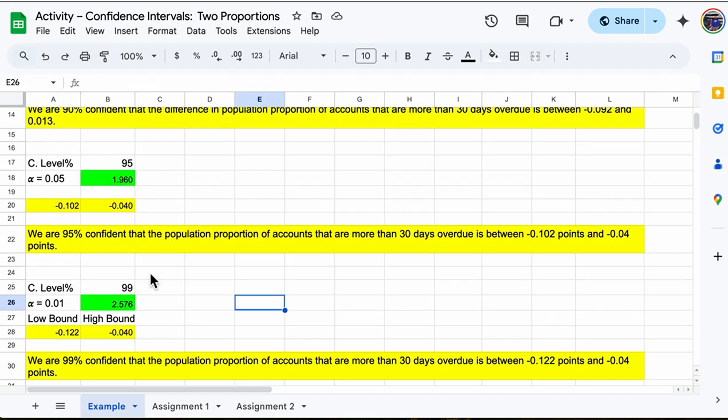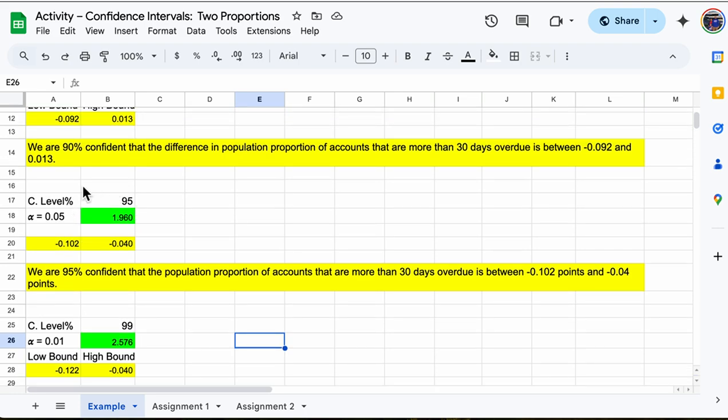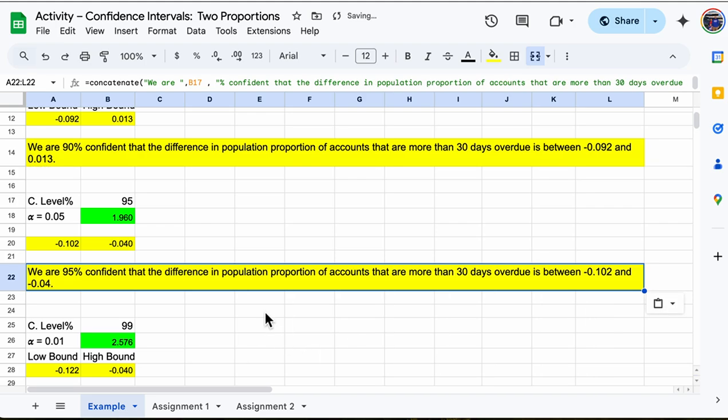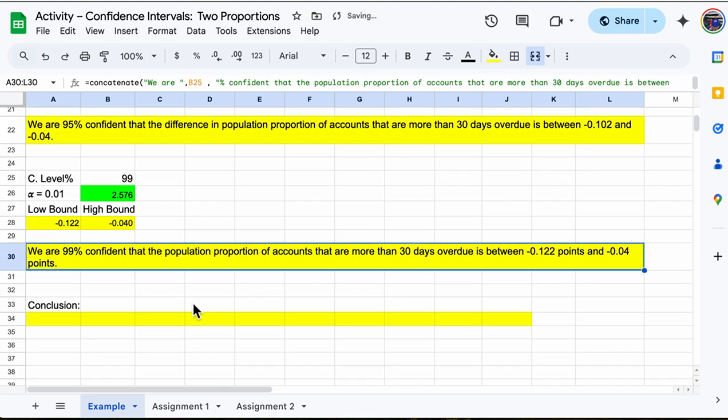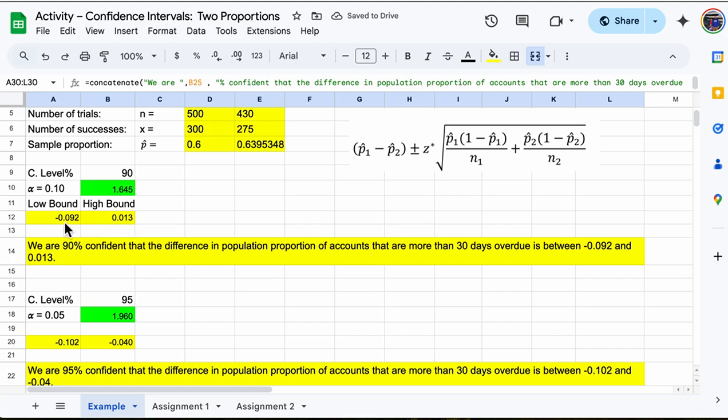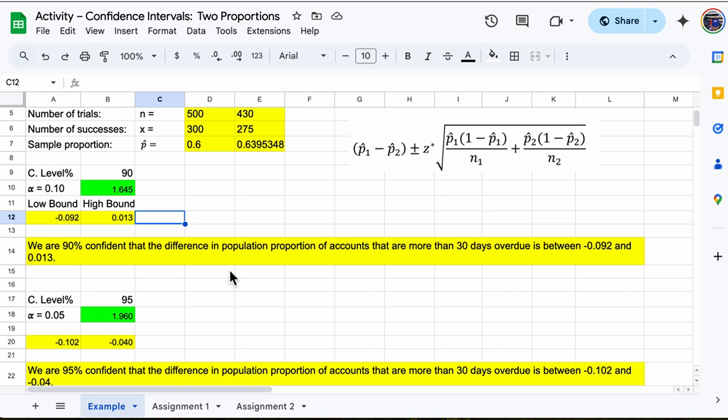I'm going to copy. We're not looking at much of a difference from one to another, so that's consistent anyway. But you will notice that for the first one, we had a negative going to a positive. That shows no significant difference. I'm going to bold that.